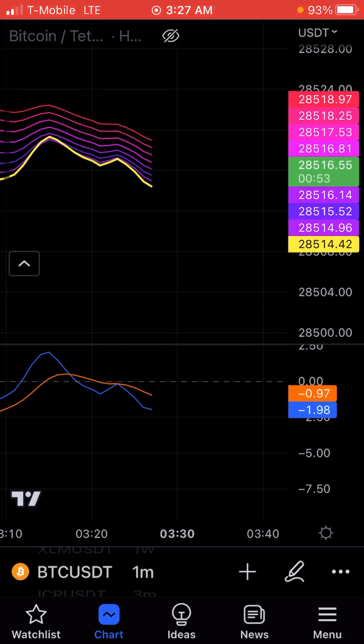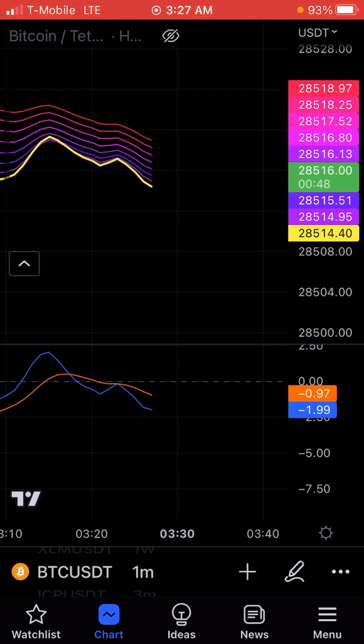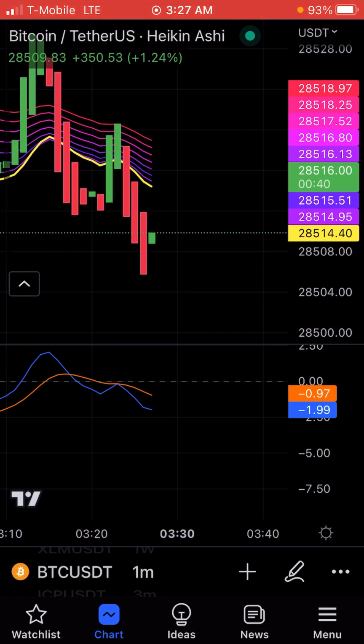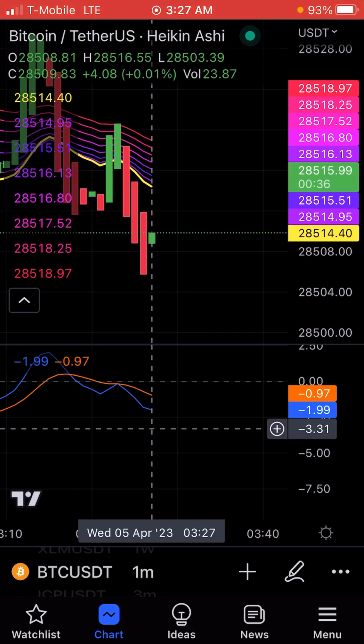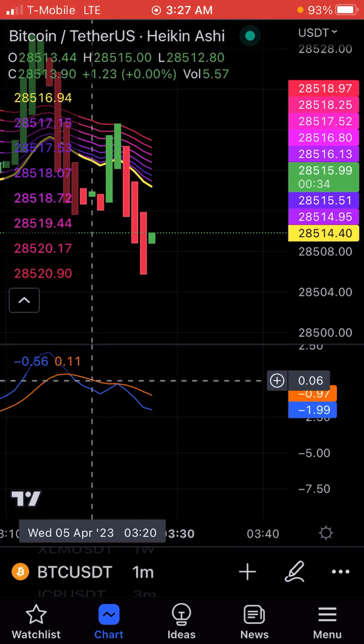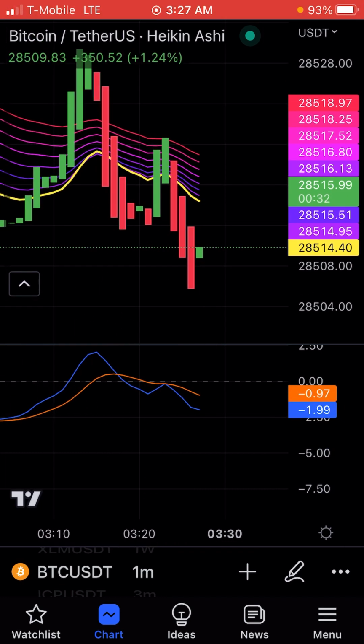You find the overall trend, which is down, then wait for it to go up a little bit, then you come in and wait for the MACD to be in that position. See, right now I could have got in actually right here, probably. Let's see some good entry points.